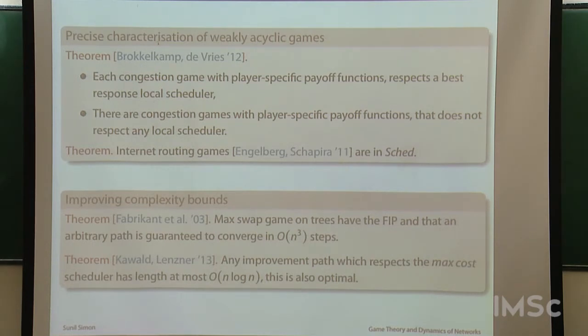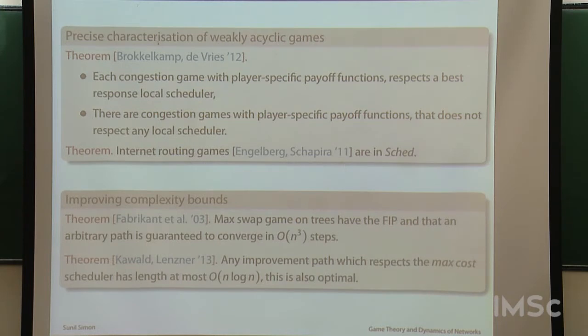So we started the lecture yesterday by talking about dominance. Then we looked at stability, then security. These are the different kinds of solution concepts that we had in mind. Then we went on to the finite improvement property and looked at weakly acyclic games.